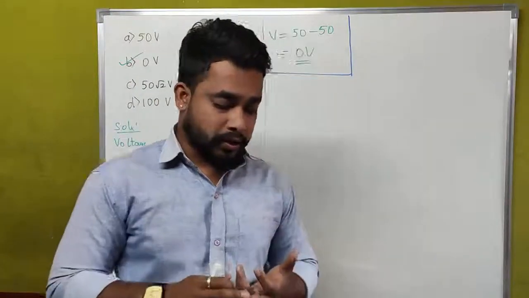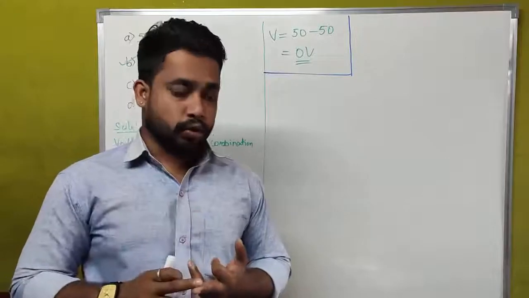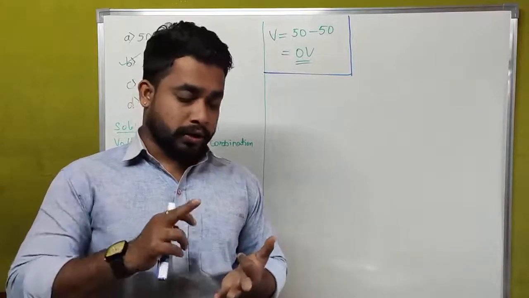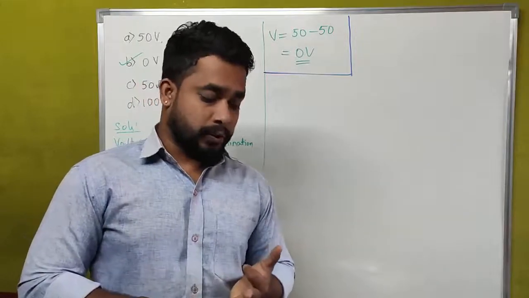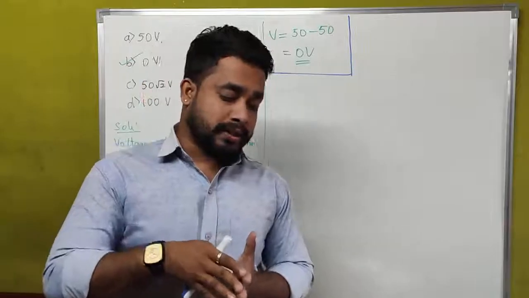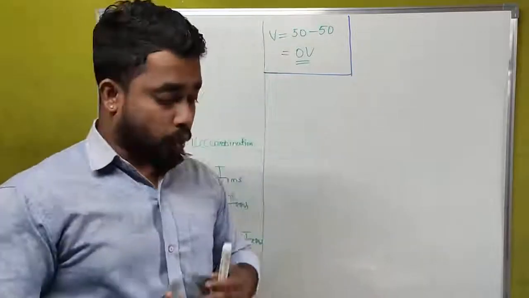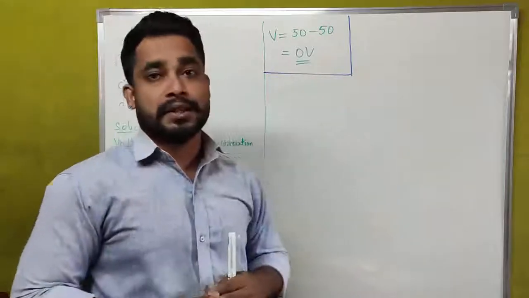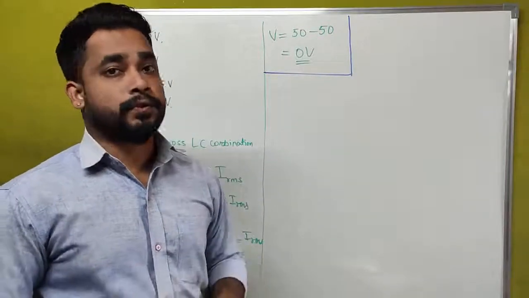Here the voltage across the inductor is 60 volts, across the capacitor is 30 volts, and across the resistor is 40 volts. Then what we have to find out is the overall voltage supply applied to that series LCR circuit.